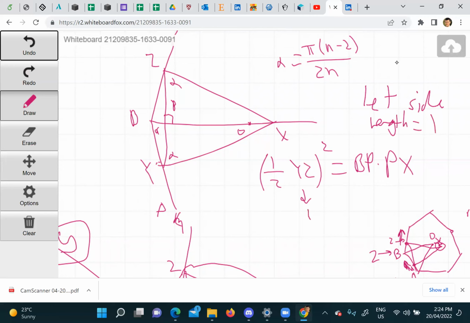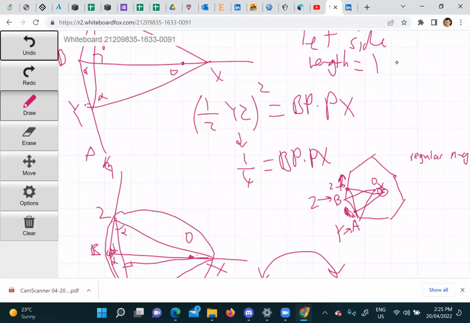So this is just equal to a quarter. It's BP times PX.